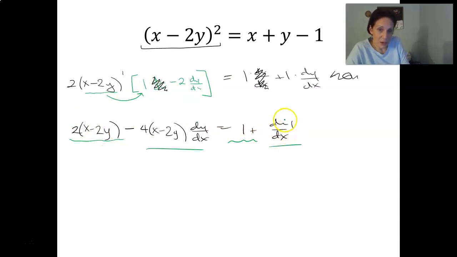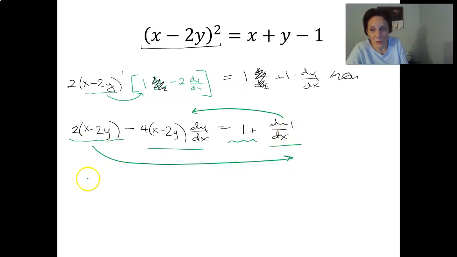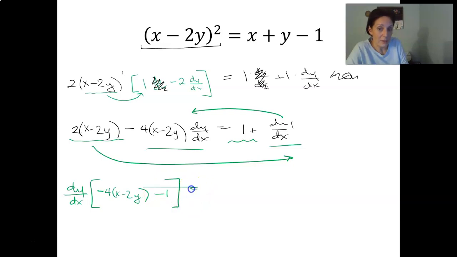I'm going to bring this dy/dx term over here, and this non-dy/dx term over here, but I'm also going to write it with my dy/dx factored out to save myself a little bit of writing. So on this side, when I factor out my dy/dx, I'll be left with a negative 4(x minus 2y) and a minus 1, because I brought over a 1 dy/dx.